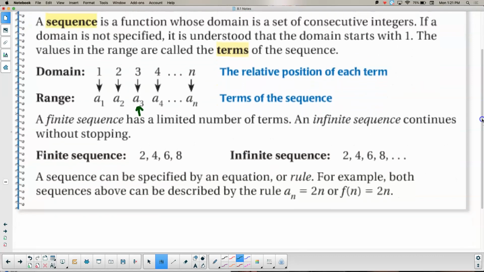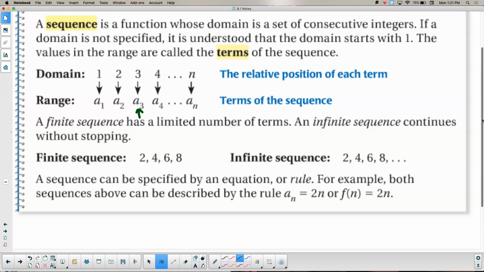There are two different kinds of sequences. There's finite sequences, which are sequences that have an end value to them. They can look like this. First off, in a sequence, the terms are separated by commas. So 2, 4, 6, 8 is a sequence.